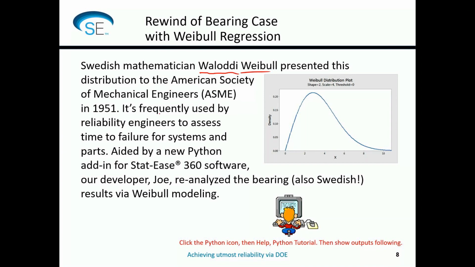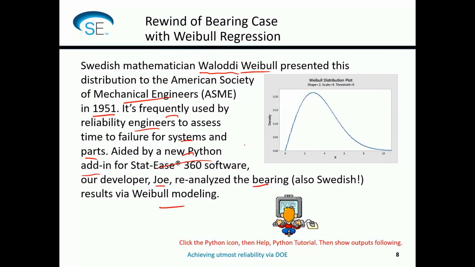He developed this and presented it to these mechanical engineers. Again, this gets a little out of my area being a chemical engineer, but it's frequently used by reliability engineers to assess time to failure for systems and parts. So Joe developed this Python add-in that works with our SATIS 360, and then reanalyzed the bearing, which of course was made also by Swedes, via Weibull modeling.